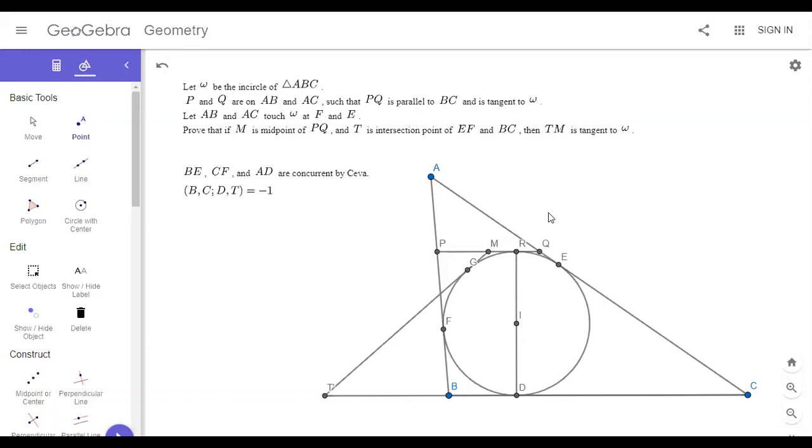I'm guessing what they're saying is we want to show the tangents are the same line, maybe by showing angle PMG is equal to the angle that the tangent from T makes with the incircle. I think that sounds like a decent idea.